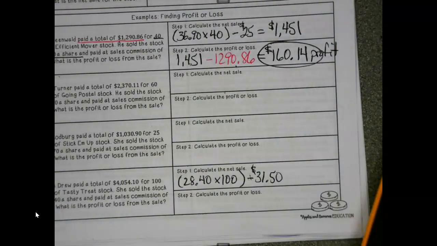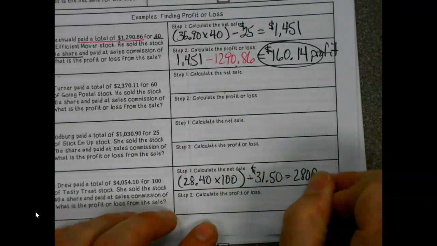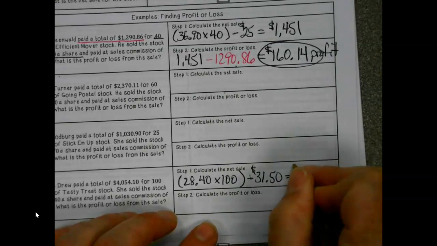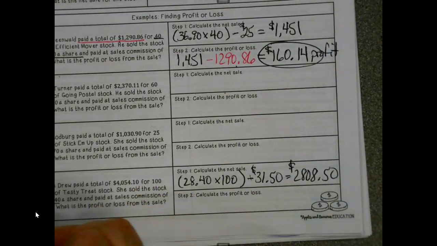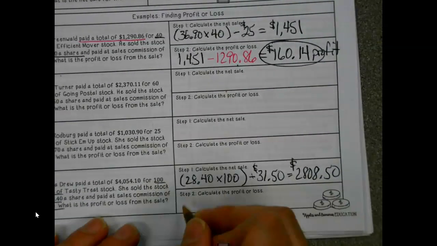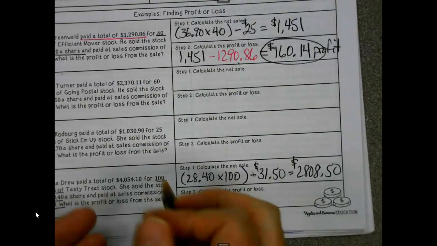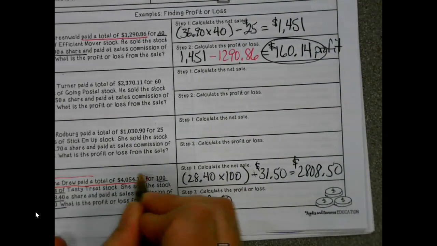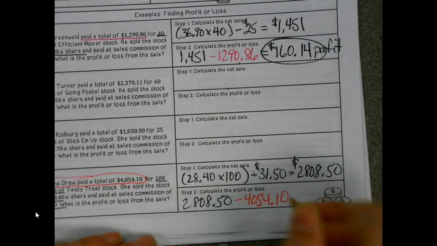So let's see here. So $28.08.50 was my net sale after expenses. And so now I'm going to take that, and we see that we paid at the beginning a total of $4,054.10.